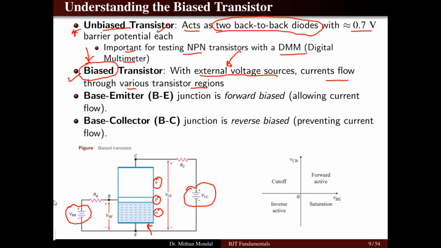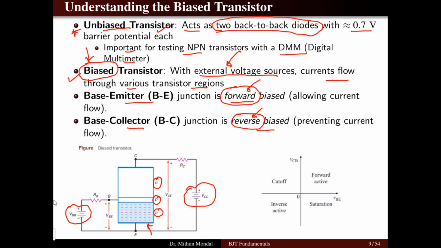The basic fundamental is that if we want to operate the transistor in the active mode, the base-emitter junction has to be forward biased and the collector-base junction has to be reverse biased. What forward biased and reverse biased mean, we have discussed in detail when we discussed the biasing process in diodes.